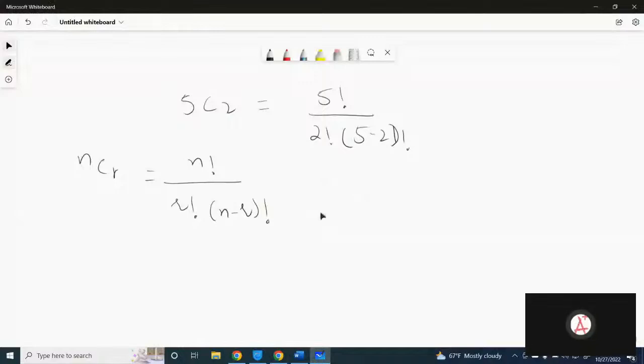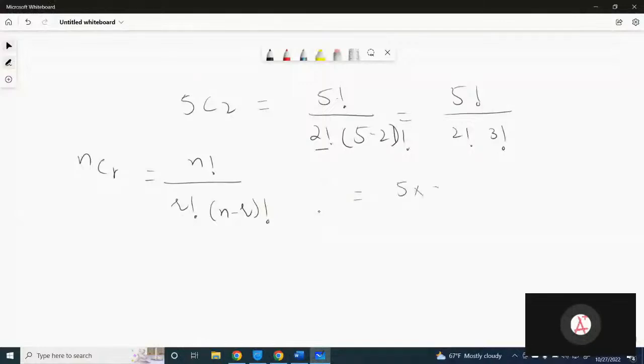Got it? So just this is n, 5 factorial, this is r, 2 factorial, and 5 minus 2. Just calculate the value: 5 factorial divided by 2 factorial and 3 factorial. So you can simplify like this.